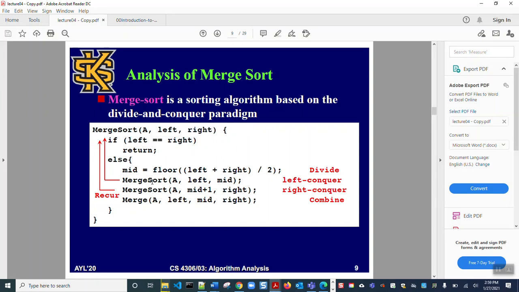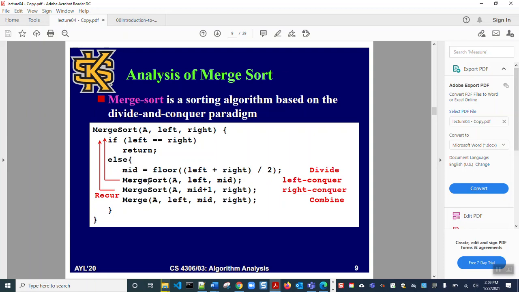Otherwise, we divide the array into two subparts. How do we divide? We find the mid index. How do we find that? Using the floor method: left value plus right value divided by 2.